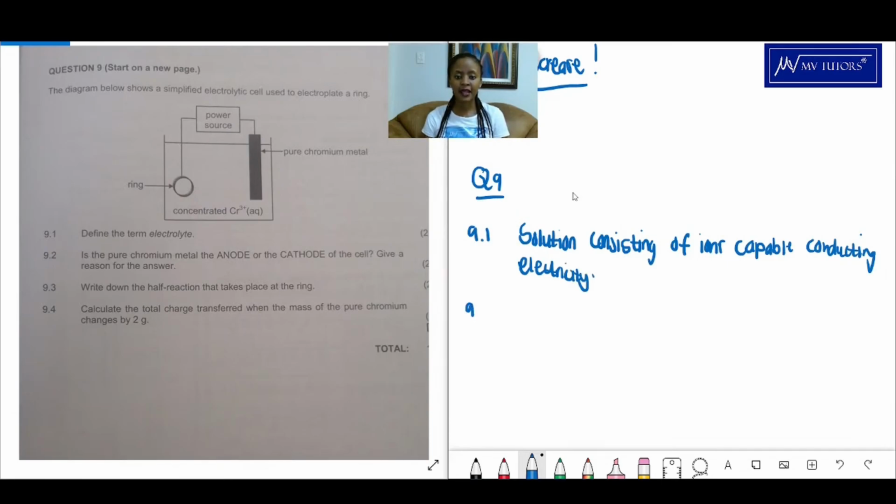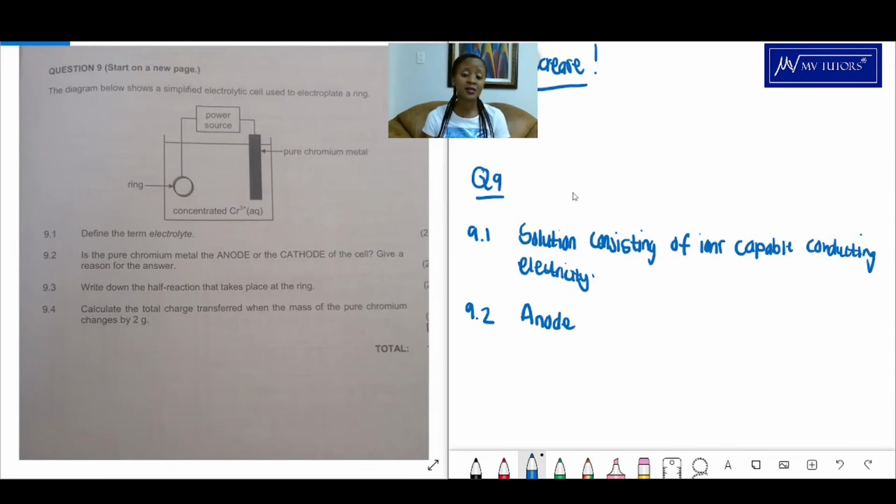And then 9.2, is the pure chromium metal the anode or the cathode? One of the ways you can see that this pure chromium metal is at the anode is, whatever is losing mass has to be at the anode, whatever is gaining mass has to be at the cathode. So we're trying to get that pure chromium metal onto the ring. So the pure chromium metal is at the anode. At the anode is where you have the oxidation occurring. You're losing electrons.